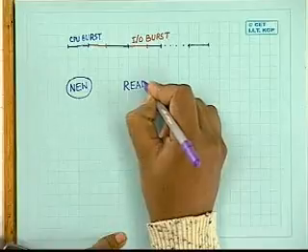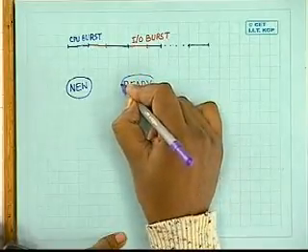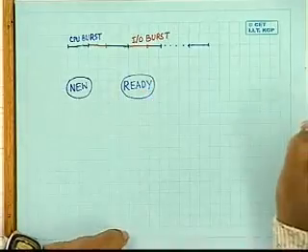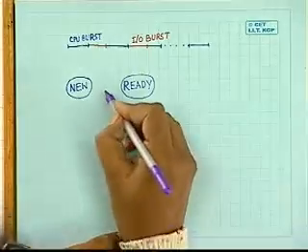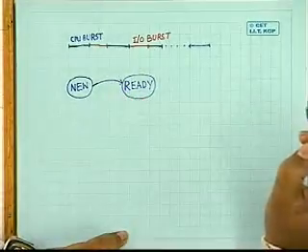This just says that the process is now ready for execution, but it does not say that it is being executed by the CPU. The only thing is the process has moved from the new state to the ready state.